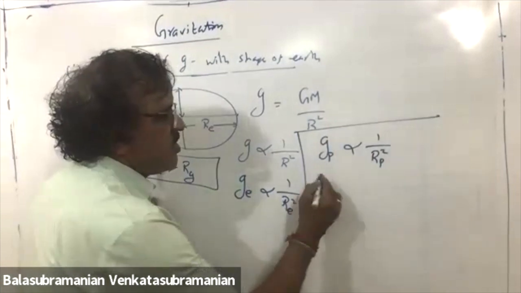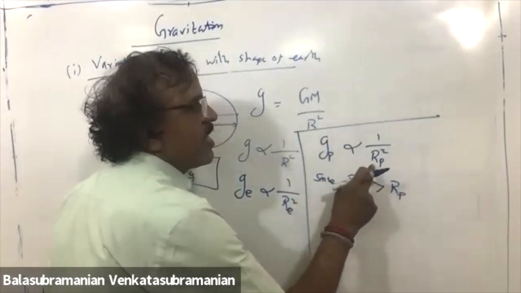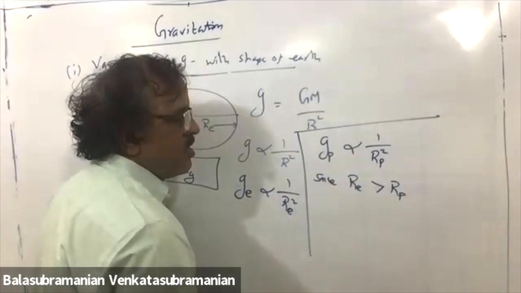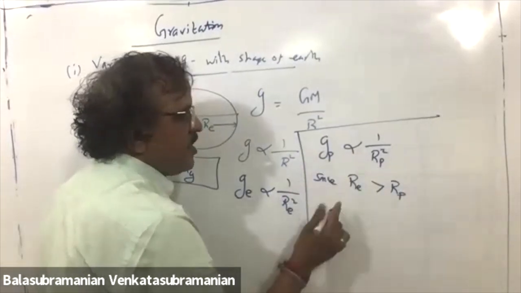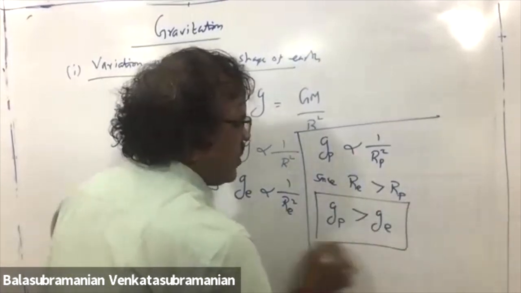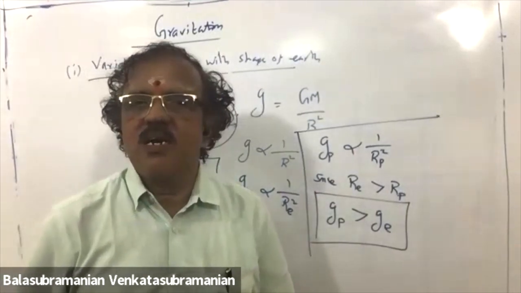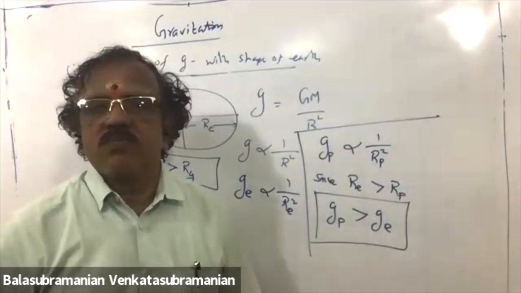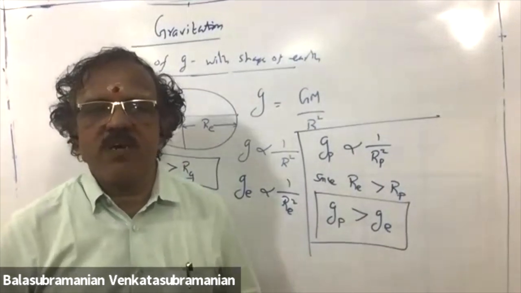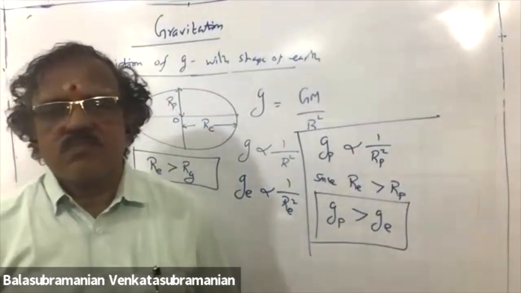Here RP is less compared to RE, so the denominator is less, meaning the total value is more. gP is greater than gE. Towards the pole, acceleration due to gravity is more than near the equator. Small change only, not a huge one: 9.76, 9.72, here 9.8. Small change.